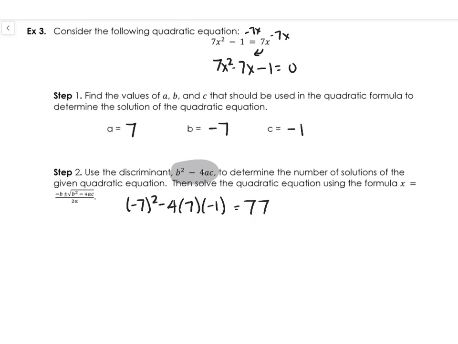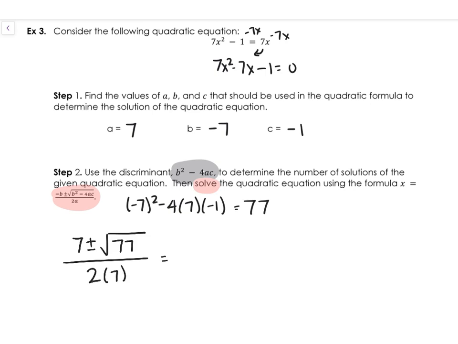Now the second part says, here's your formula, solve it. So I'm going to go through and plug everything in. So negative b, opposite b, it was -7, so when I plug in the opposite of -7, I get +7, plus or minus the square root of what I just found, 77, all over 2 times a, which is 7.